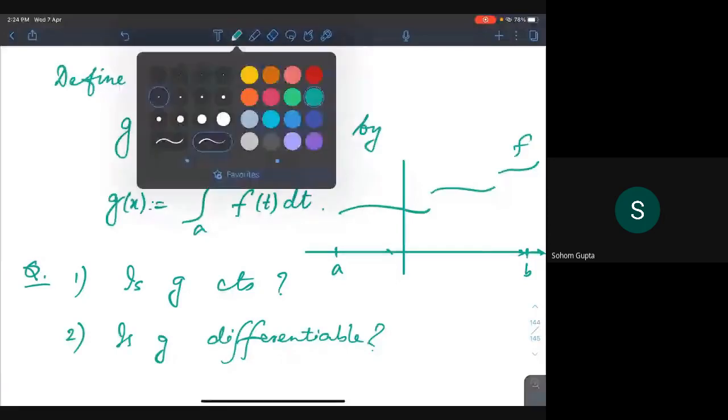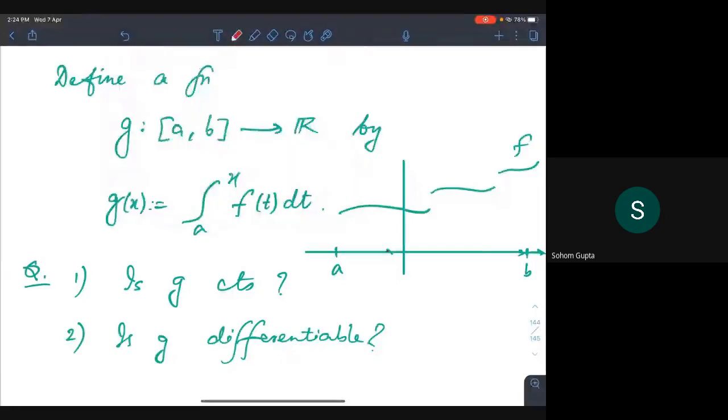Pick a point x, and you look at the area, so this actually gives you the integral from a to x of f(x) dx. So x can be here, yes, x can be right here as well.